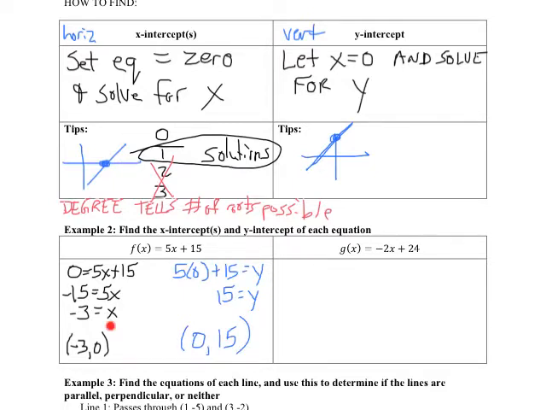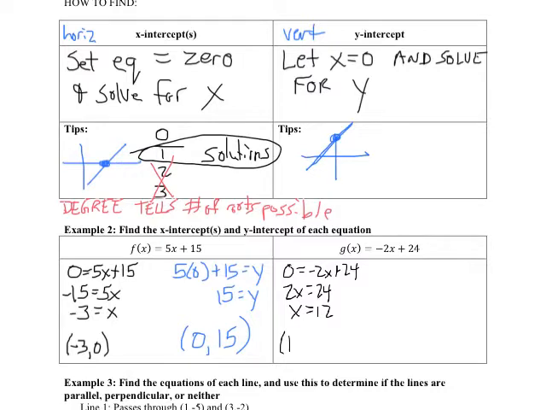You'll notice that I listed my x-intercepts and y-intercepts as ordered pairs, and that is the format I would like to stick to for the duration of the year. Doing this for the second problem, the x-intercept, we first set the equation equal to 0. 0 equals negative 2x plus 24, and then we get 2x is equal to 24, x is equal to 12.